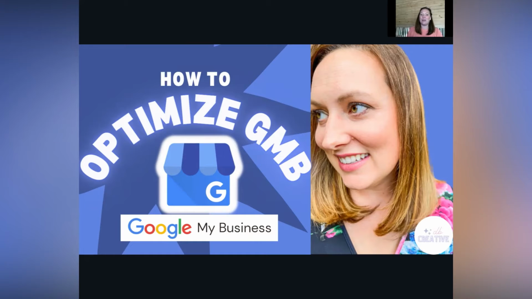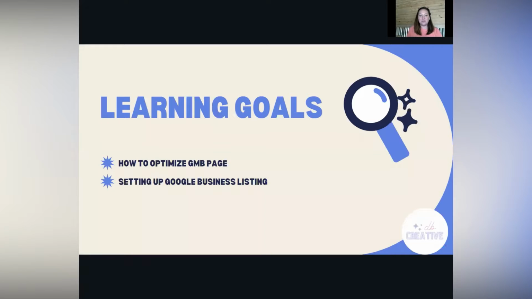We are going to talk about how to optimize Google My Business. Today's learning goals are how to optimize your Google My Business page and how to set up your Google My Business listing.